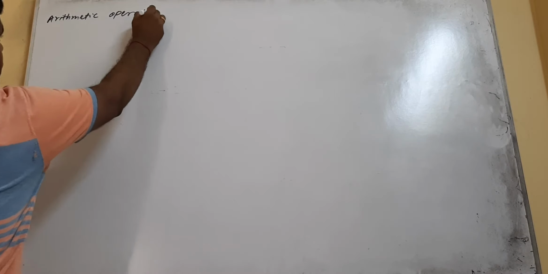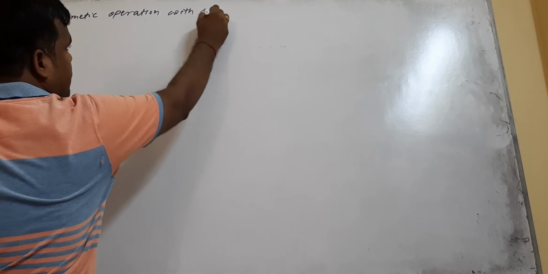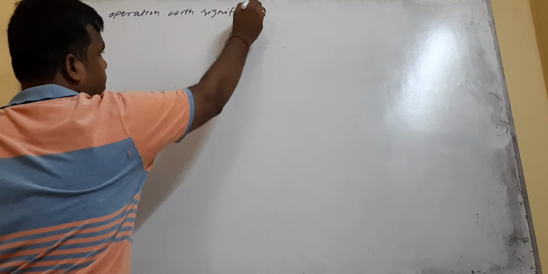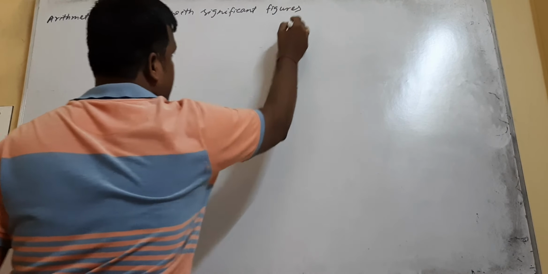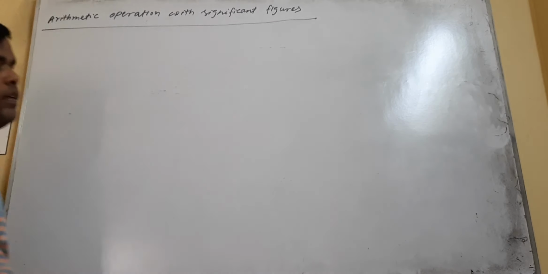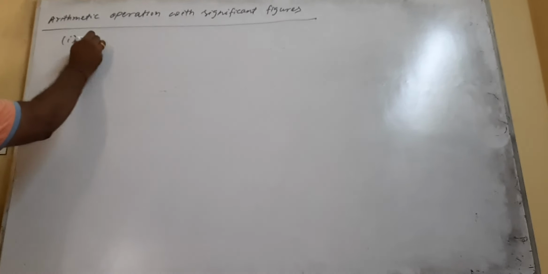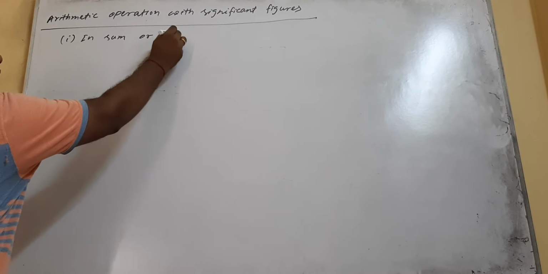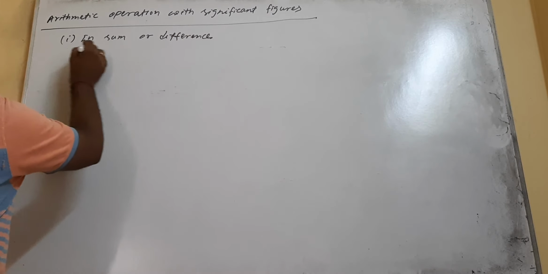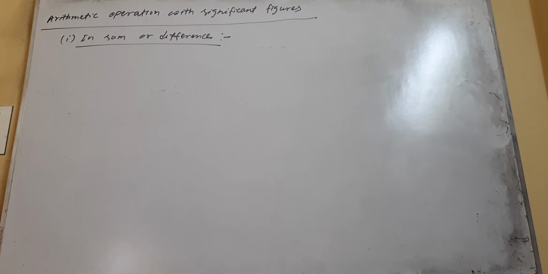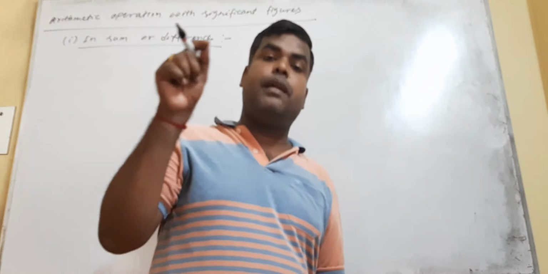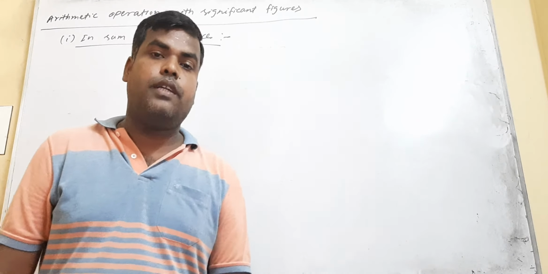In sum or difference, the result has the same number of decimal places as the given numbers with minimum number of decimal places.